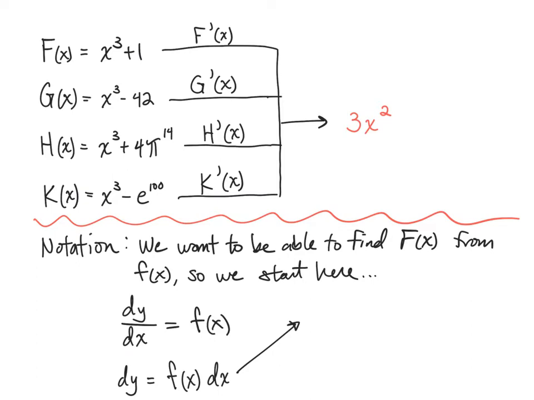The antiderivative process, though, tells us, hey, we're trying to go backward. The antiderivative wants us to go this way. So if we know this function 3x squared, which function are we supposed to get? Well, we have no idea. We have no clue.